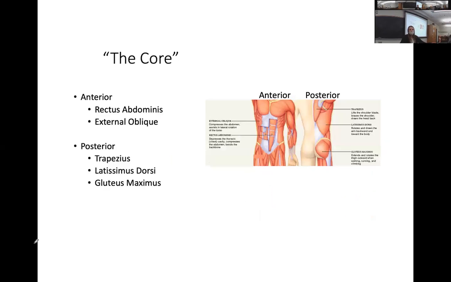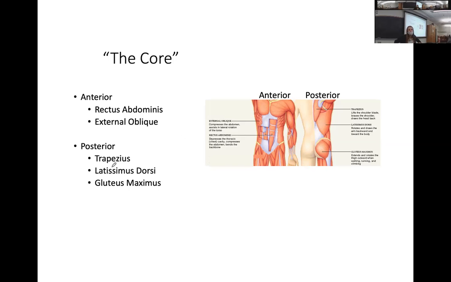I talked a little bit about what is known as the core, and you're having an anterior and posterior part of your core. The rectus abdominis and the external obliques are what make up that stereotypical ab-looking area.